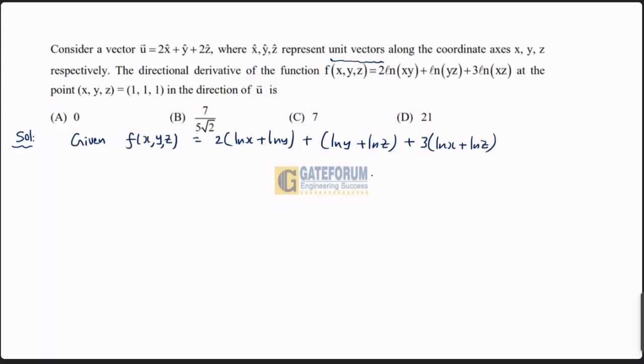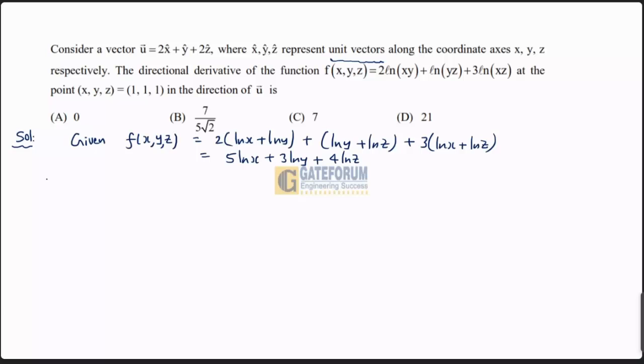This simplifies to 2 log x plus 3 log x, 5 log x, 2 log y plus log y, 3 log y, log z plus 3 log z, 4 log z.